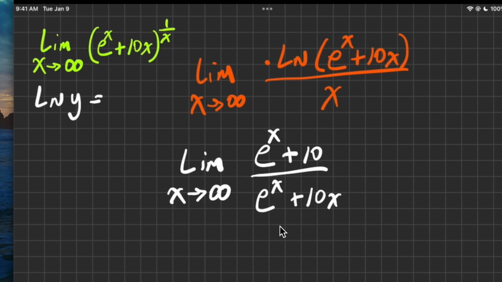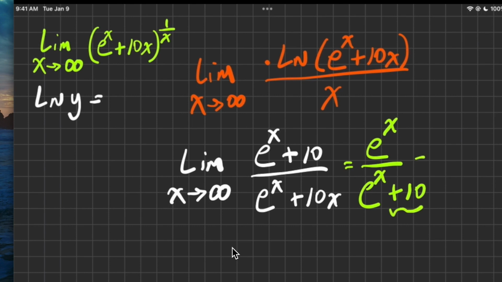Now, at this point, if you want, you could say to yourself that the 10x and the 10 are going to be insignificant, and we really have e to the x over e to the x. But if you're not quite convinced, let's take the derivative of the numerator, which is e to the x, and the derivative of the denominator, which is e to the x plus 10, and I think we'll all agree that that 10 is insignificant. You have e to the x over e to the x, which is 1.